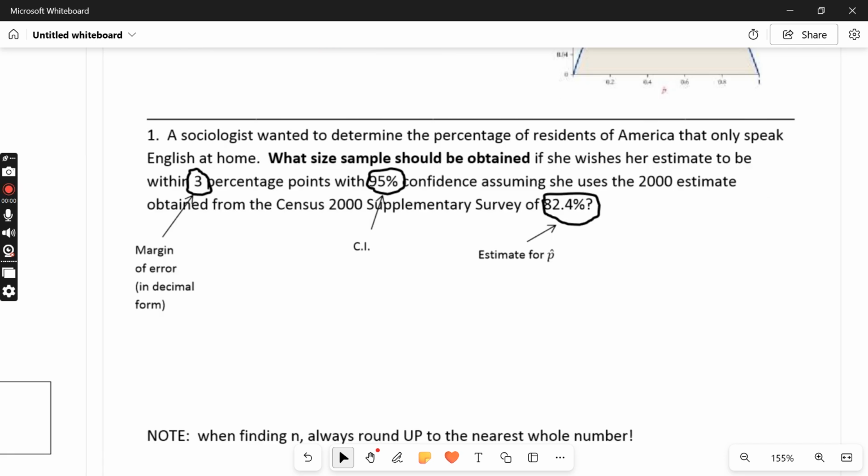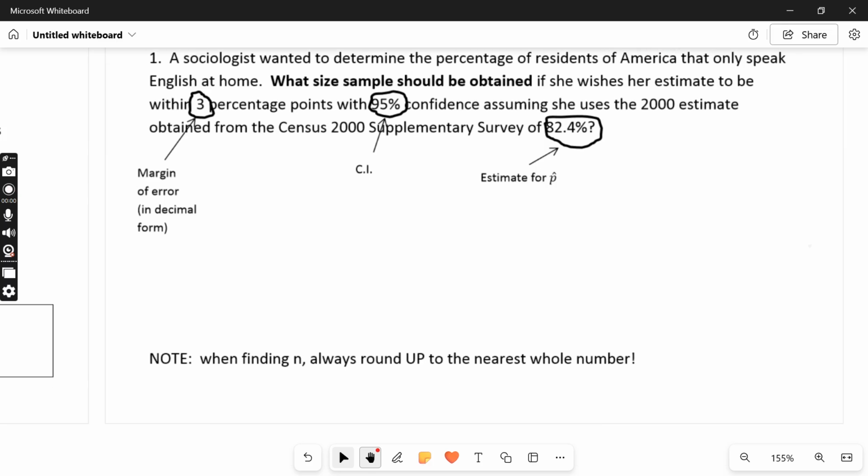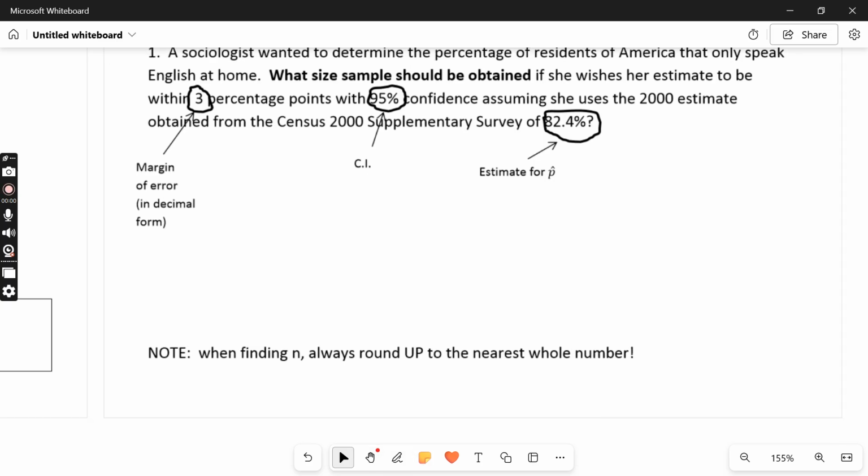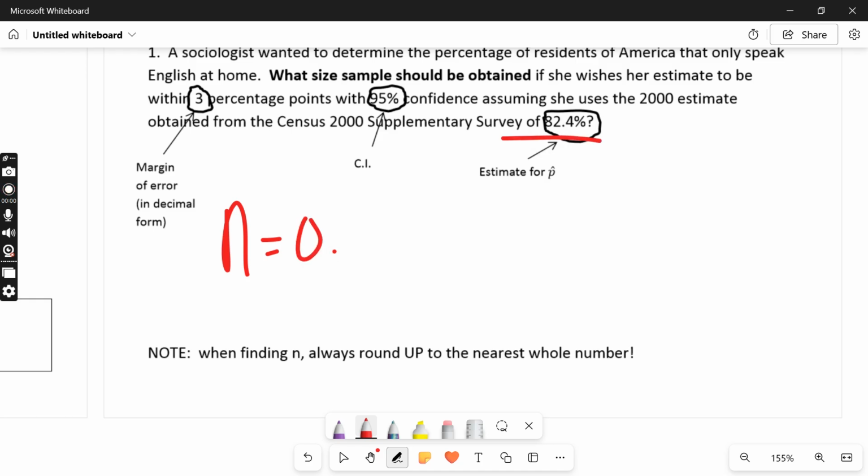Make sure any percentages get changed over to decimals, which means you move that decimal 2 places to the left. Okay, so we're starting with n equals. It says our estimate is this, so we're going to do 0.824 times 1 minus 0.824.